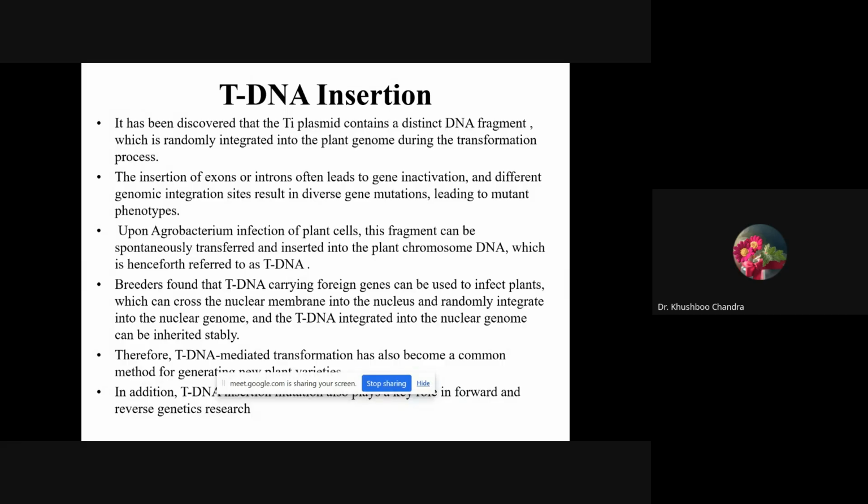Both tools, tDNA insertion and transposon, are valuable for functional genomics and are very much improved techniques when jointly utilized with traditional breeding methods.